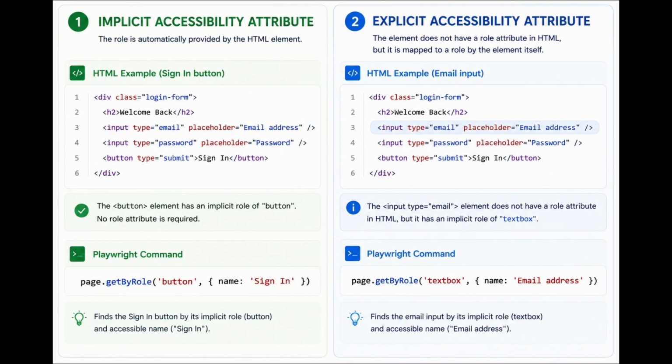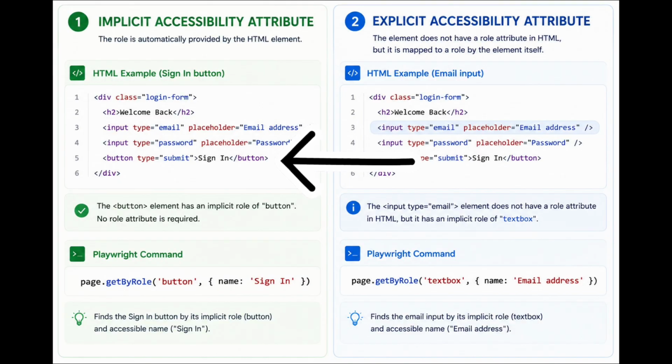The first one is implicit accessibility attribute. Why are we calling it accessibility attribute? Because all the Playwright's built-in locators interact with the accessibility attributes or semantic elements, the elements which convey the information.